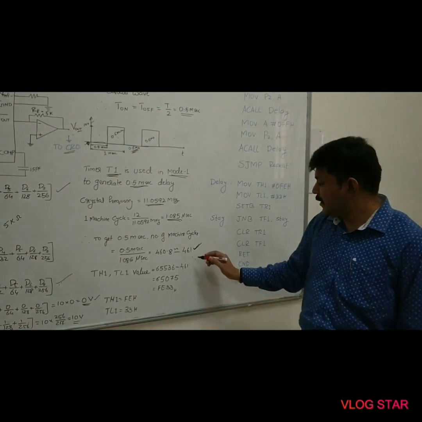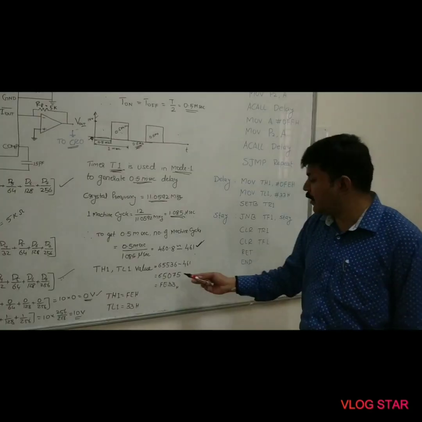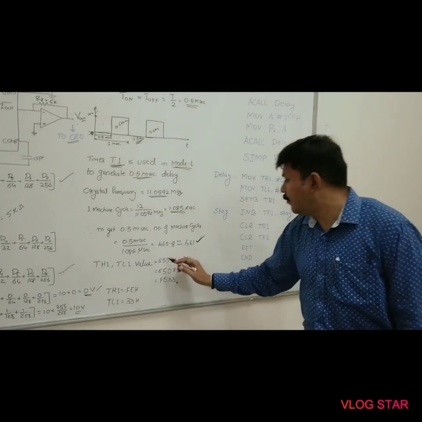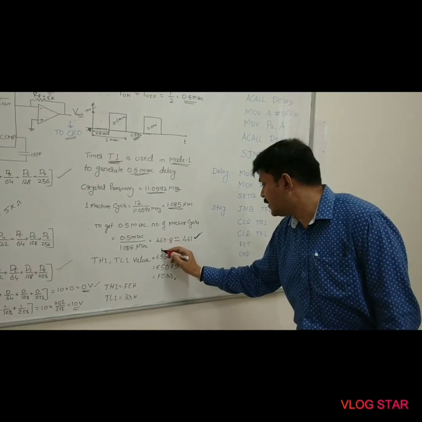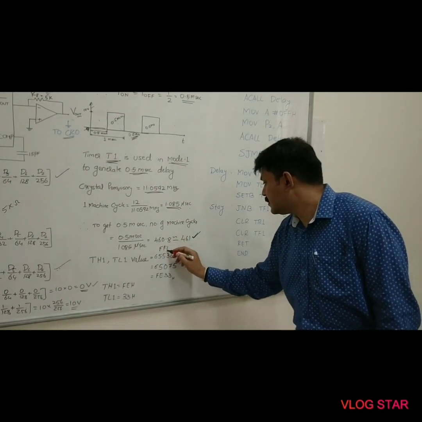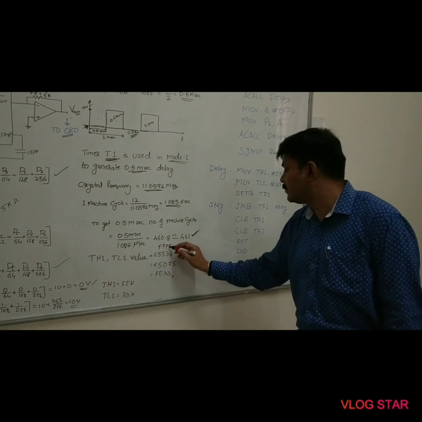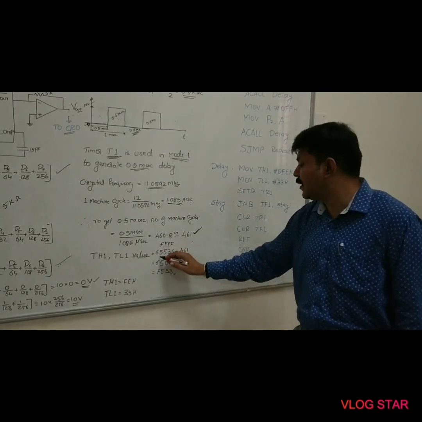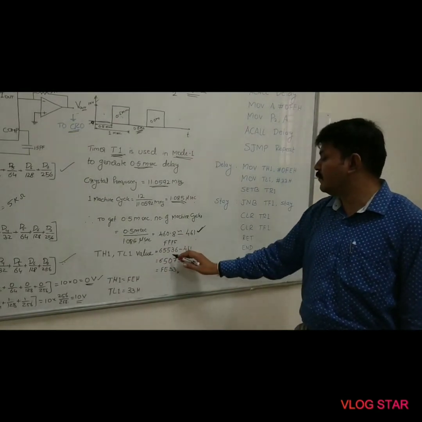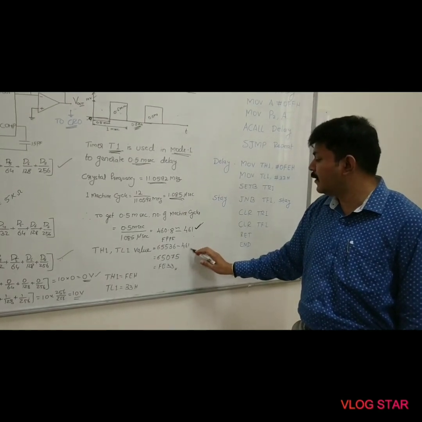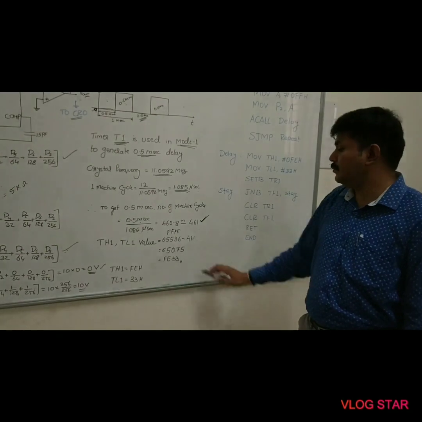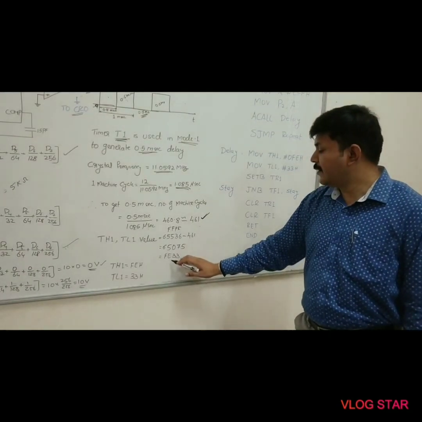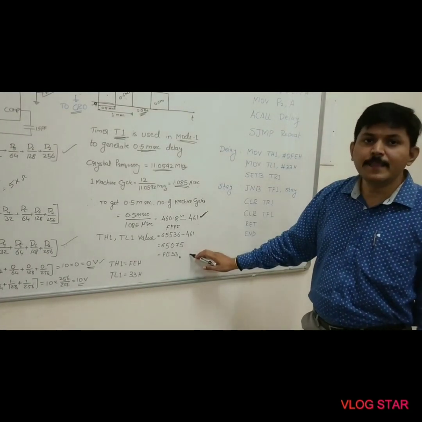Okay, as timer 1 is a 16-bit counter, I subtract this value from the 16-bit maximum, that is FFFFH, which is equal to the decimal 65,536, minus 461. It gives a decimal value of 65,075, which in hexadecimal is equivalent to FE33.